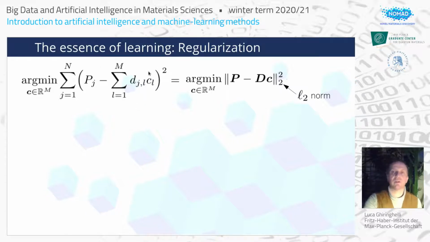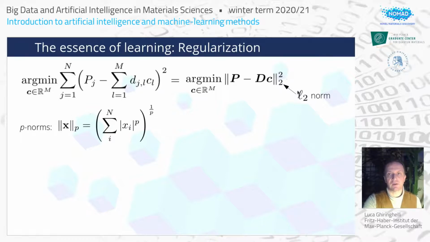First of all, let me say that this 2 here is the signature of the L2 norm, and here is just the Euclidean norm. The so-called P norms are defined in this way. If you have an entry here, it would be the sum of the single entries to the power P, and then one takes the P root of this sum.